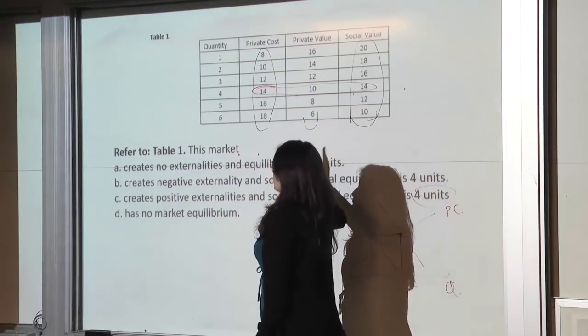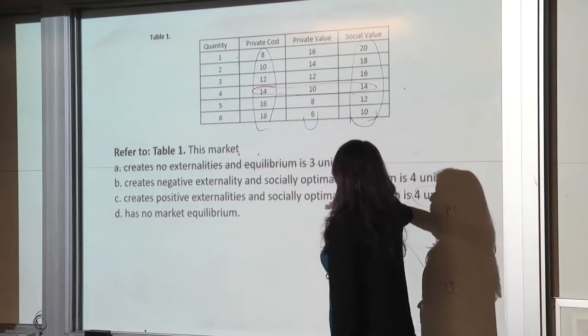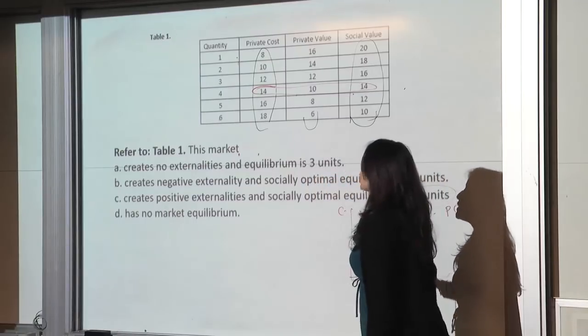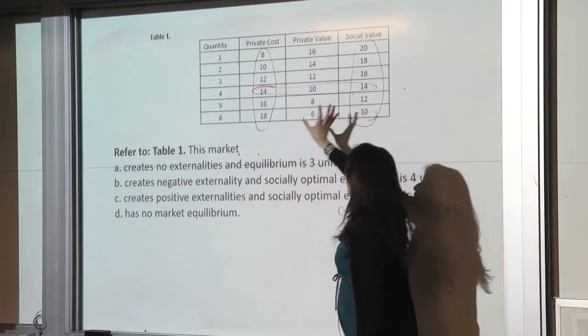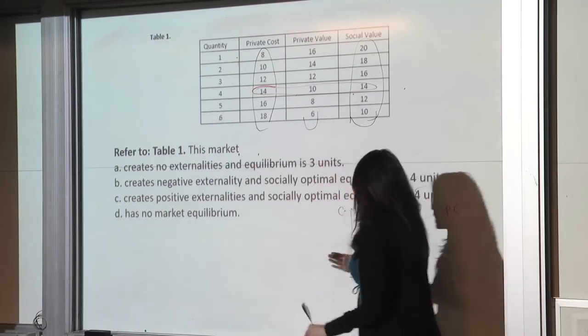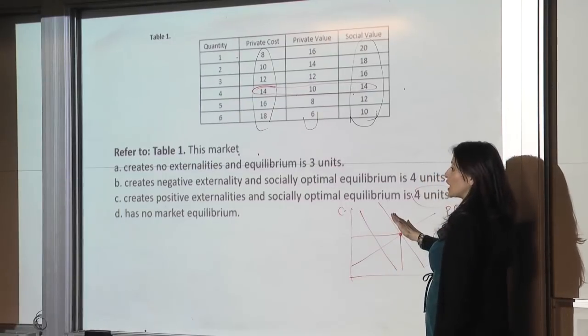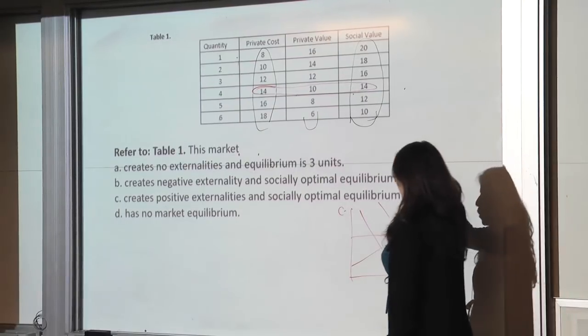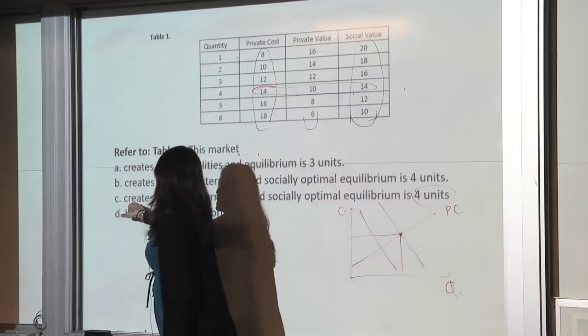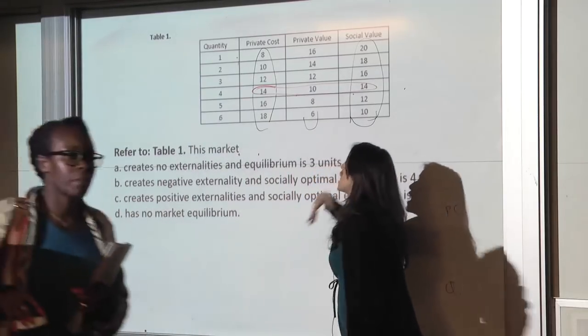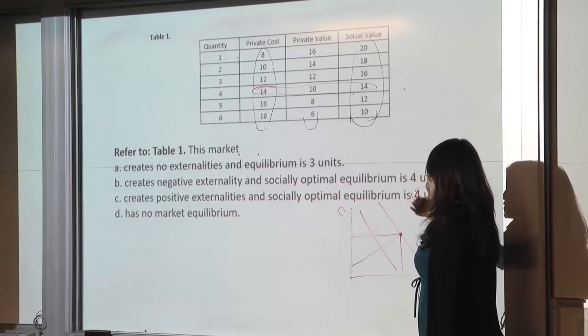So that's one thing. But the second thing that they are saying is something about an externality, right? Since social value is higher than private value, it means that there is a positive externality, right? So the answer here is it creates a positive externality. And how do you find the equilibrium?